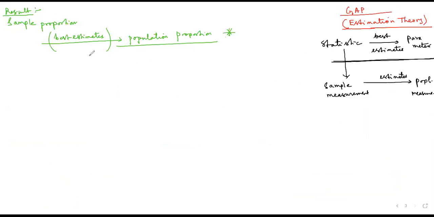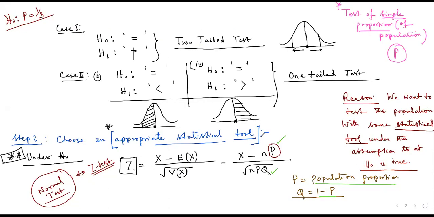I will try to find out whether I can say anything about capital P from the given problem. If I can, then it is okay, I can substitute the value. But if I cannot say anything about the population proportion directly from the given problem, then I have to guess it by the sample proportion.